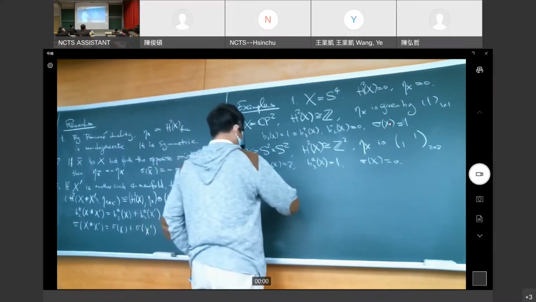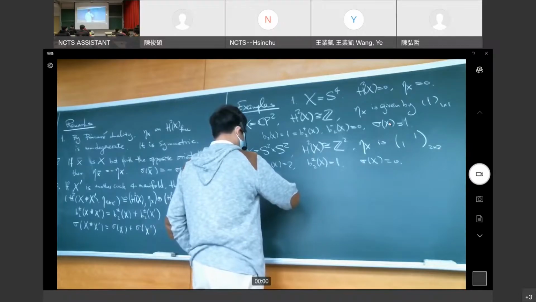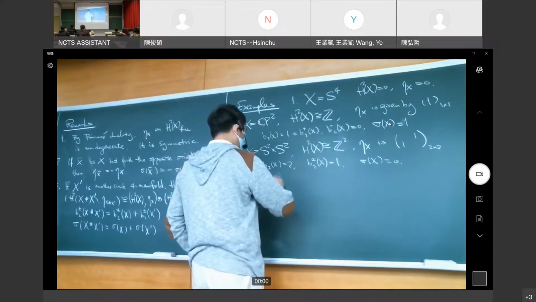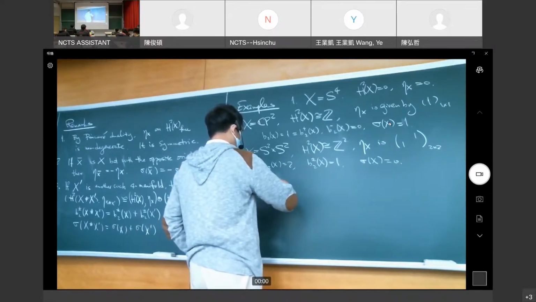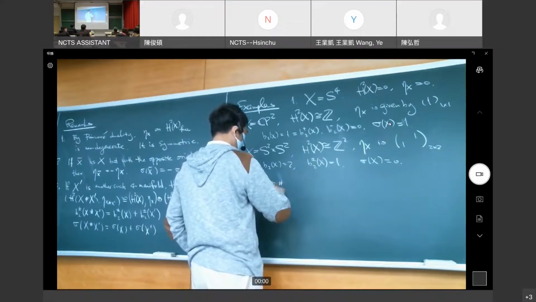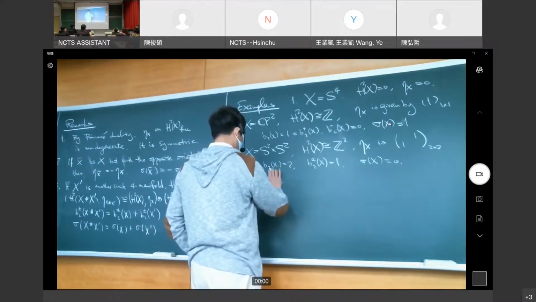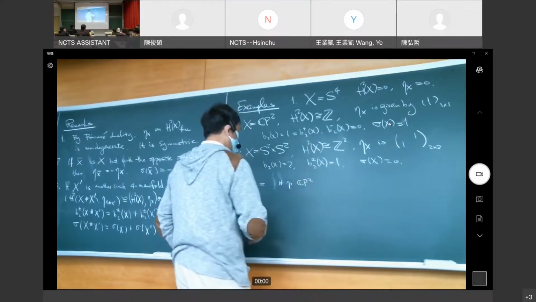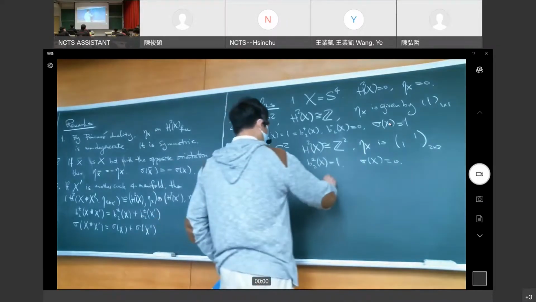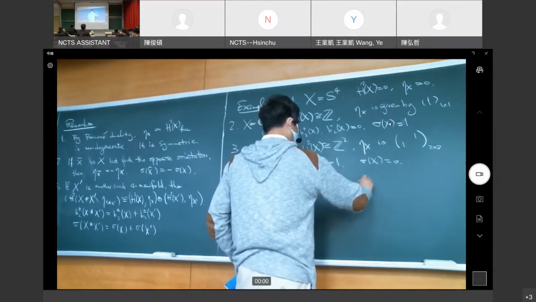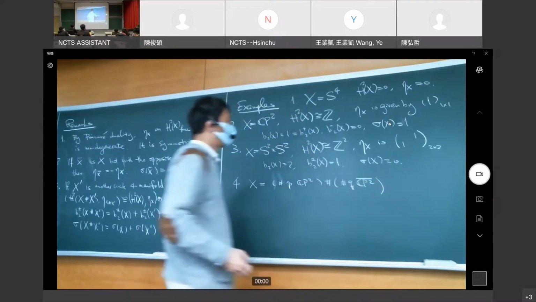So I take P copies of CP2, connected sum with Q copies of CP2 with opposite orientation.